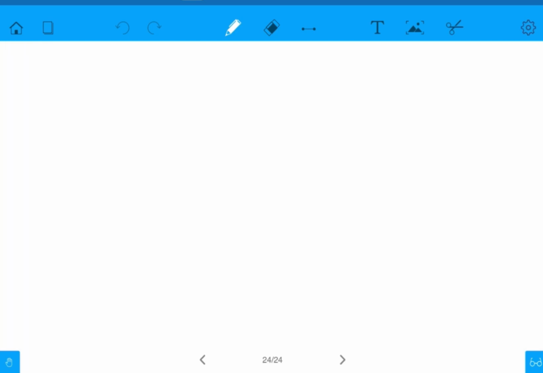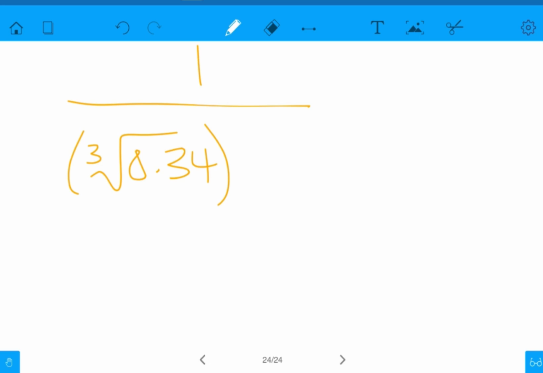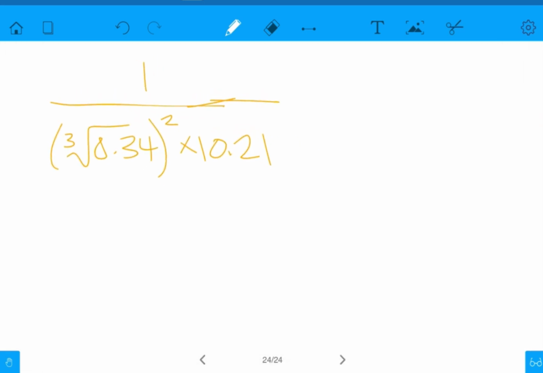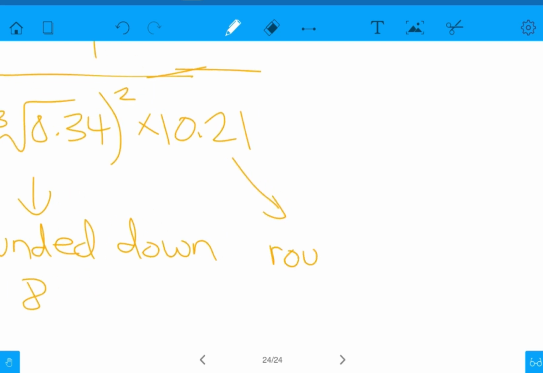If we just rewrite this again, the actual calculation was 1 over the cube root of 8.34 and then squared times 10.21. So in this case, the 8.34, we rounded down to 8. And then for the 10.21, we rounded down to 10.